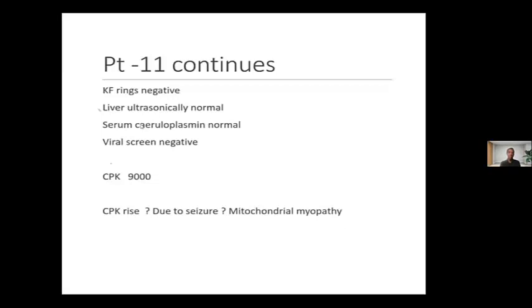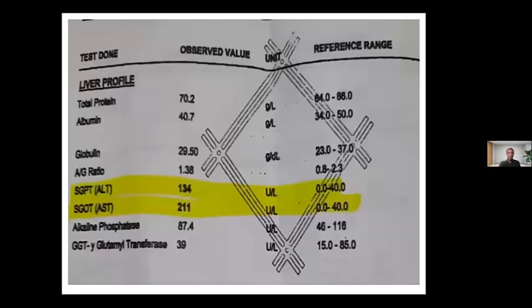So most probably it has come from a muscle origin due to the seizure or mitochondrial myopathy. So CPK is the test to differentiate whether it comes from muscles or the liver. Here it's mainly due to muscle damage rather than a liver cause.